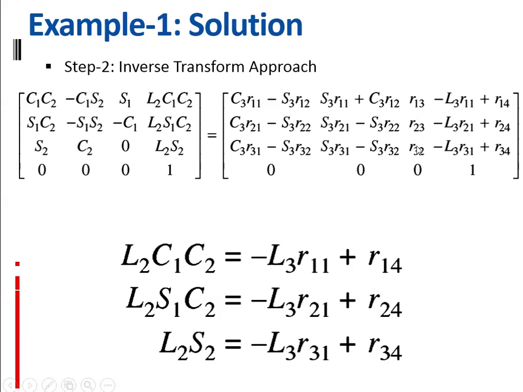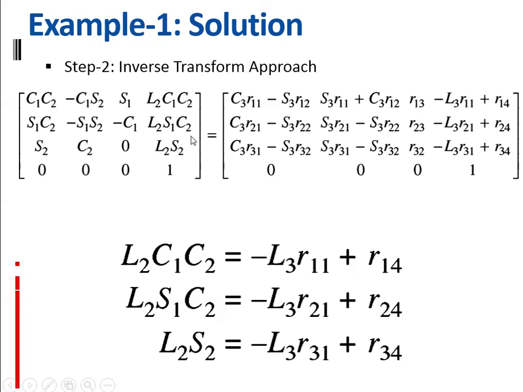This column is completely constant, and this column consists of theta 3. Now you will get L3. That means this is a length, and the length of a link is fixed, that we already know. That means this is also a constant term, but we prefer only the displacement matrix.